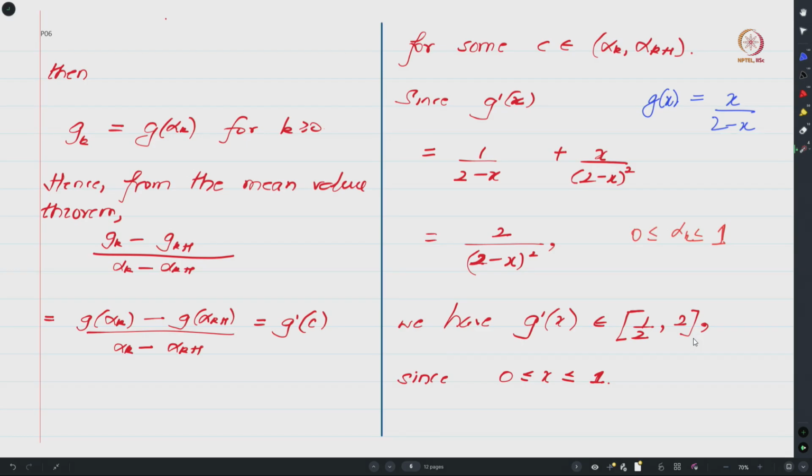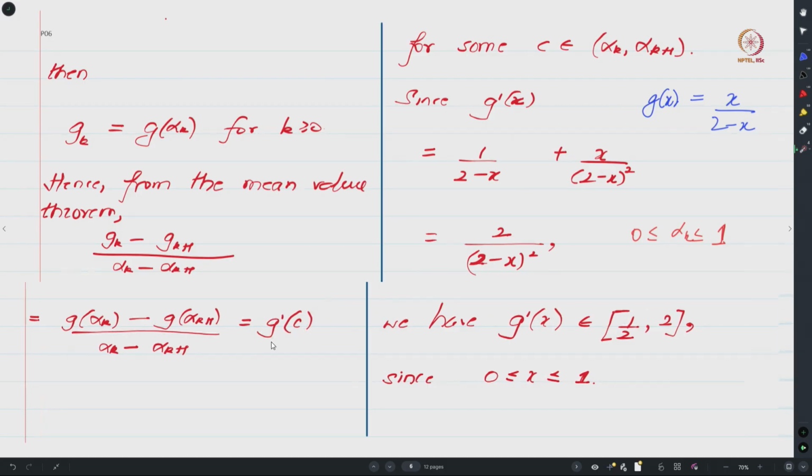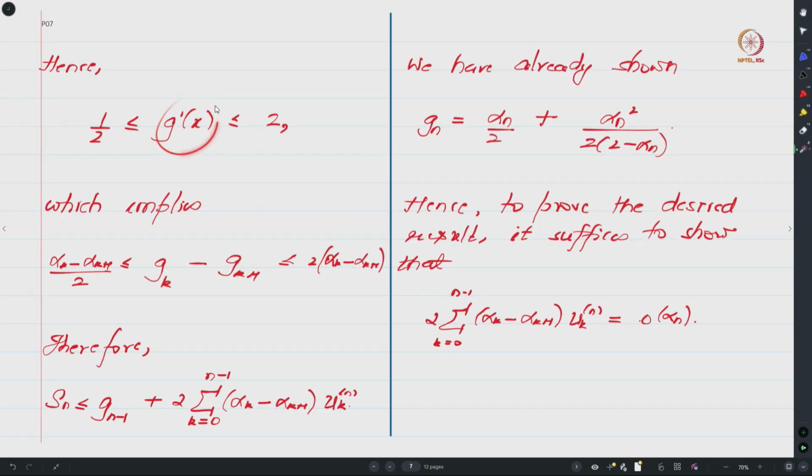Is this okay? So from this expression, if we put an upper bound of 2 over here, one can conclude that your g prime x actually lies between half and 2, and hence one can conclude that gk minus gk plus 1 is on the one hand lower bounded by alpha k minus alpha k plus 1 over 2, and on the other hand it is upper bounded by 2 times alpha k minus alpha k plus 1.